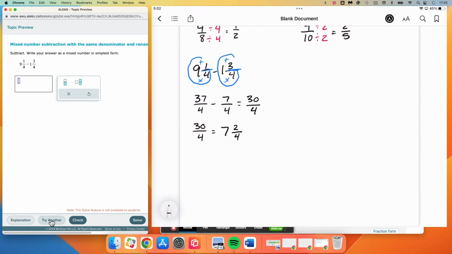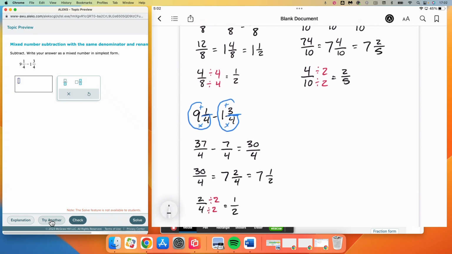And then I see again that fractional part of our answer, 2 over 4, can be simplified. 4 and 2 both have a common factor of 2. 2 divided by 2 is 1. 4 divided by 2 is 2. So this is going to be equivalent to 7 and 1/2. Did we already do that problem? No. Good.